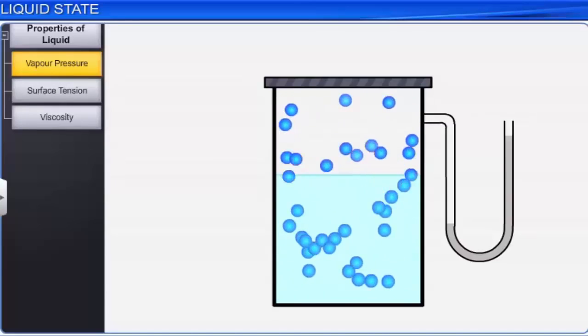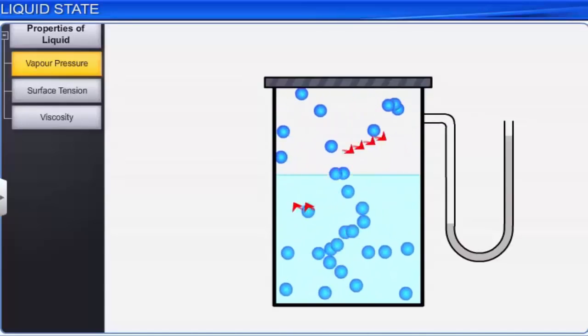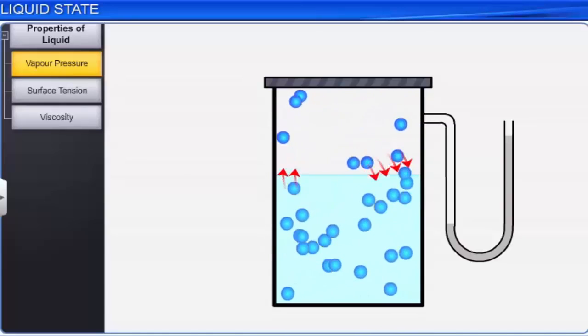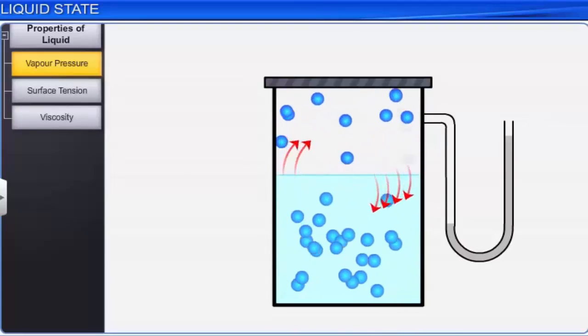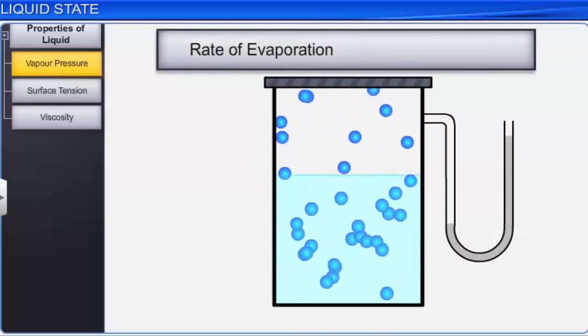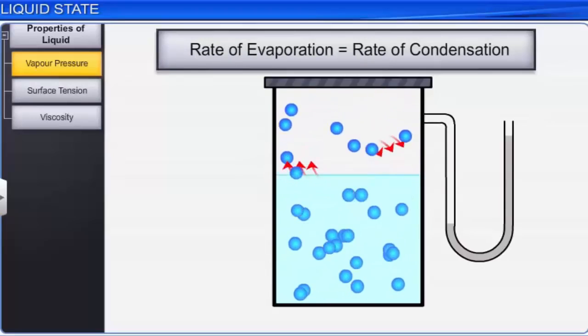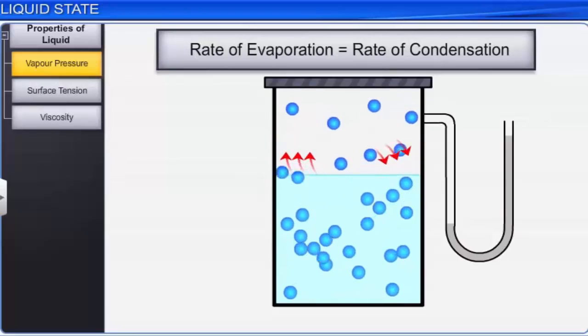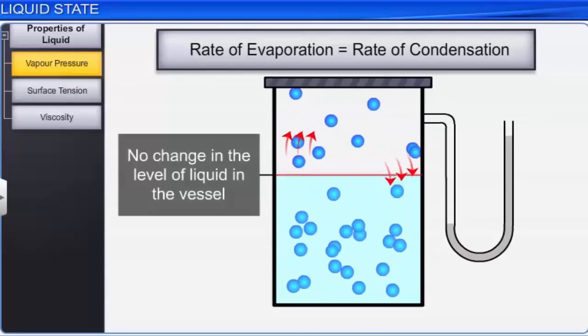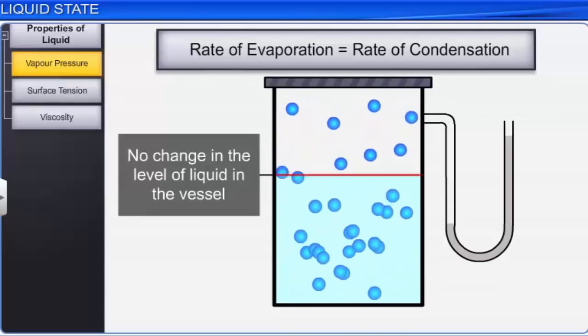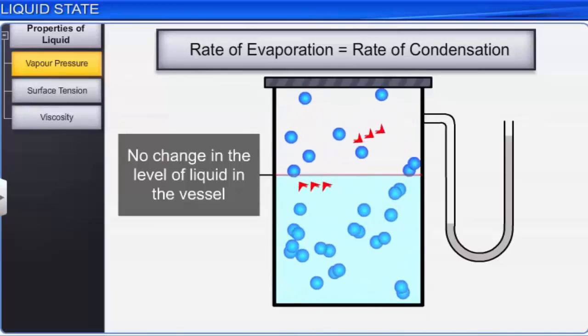Gradually, a stage is reached when the rate of evaporation becomes equal to the rate of condensation. At this stage, there is no change in the level of the liquid in the vessel, and the system is said to be in dynamic equilibrium, where rate of condensation is equal to rate of evaporation.